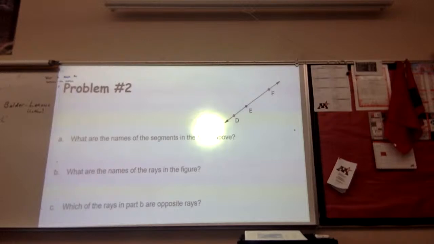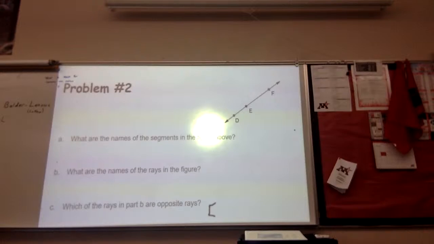The only one I want to do for this problem 2, and you can do the rest if you like, is finding the opposite rays. So it's part C. What are some opposite rays that you can see? ED.